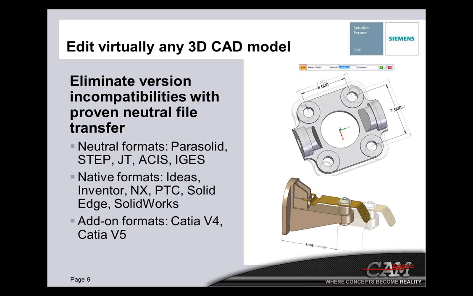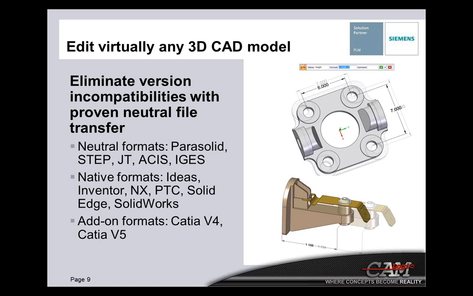Also supported are some of the most popular native formats for opening part and assembly files directly. These data translators are built into the system, eliminating the need to purchase add-on translators, and help keep the amount of files you have to manage at a minimum.